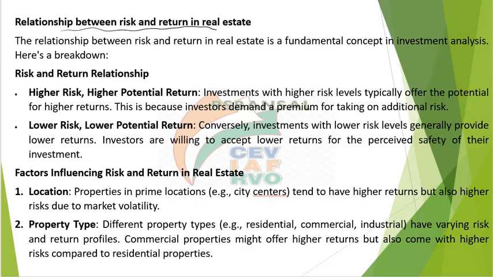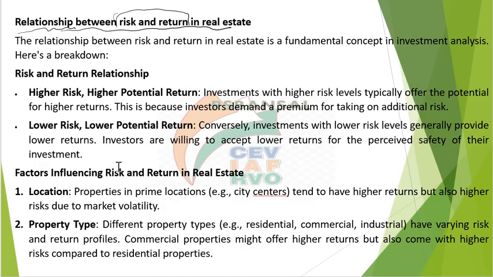So how is it used? Well, you should know the relationship between risk and return. Higher the risk, higher will be the return. Lower the risk, lower will be the return. So the relationship is higher risk, higher potential return. Investments with higher risk levels typically offer potential for higher returns. Why?